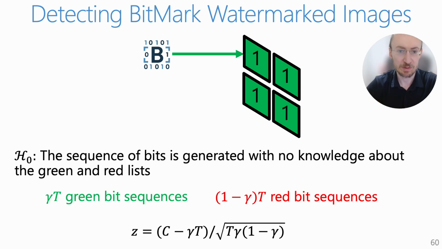If the null hypothesis is true, then the computed number of green list bit sequences, denoted as upper C, has the expected value of gamma times t, and the variance gamma times 1 minus gamma times t, where gamma is the proportion of green lists and is usually set to 0.5. We reject the null hypothesis and detect the watermark if the z-score is above a predefined threshold, for example, a threshold of 4.